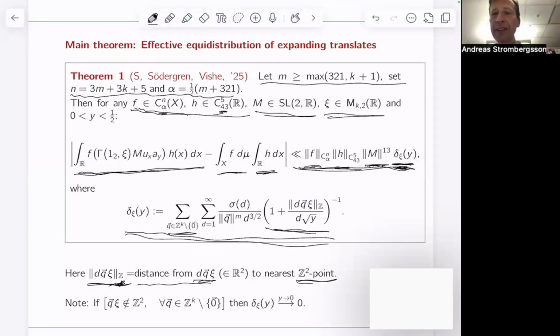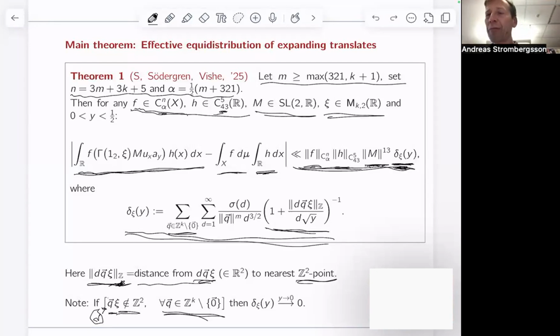So it's immediate to see now that if we assume that for all non-zero integer vectors q, this vector is not an integer vector, well, then this also holds if I put a d in front, because just replace q by d times q. And that means that the number here in the numerator is positive, it's not 0.